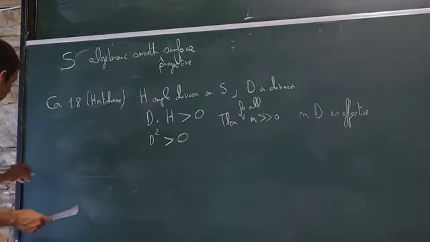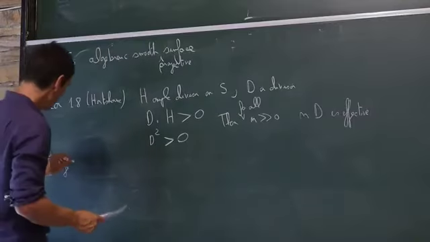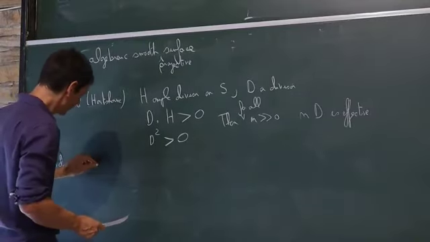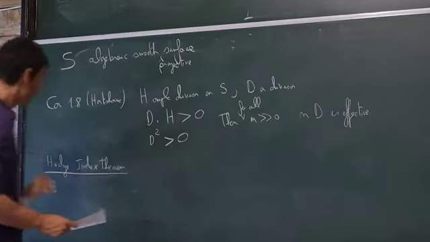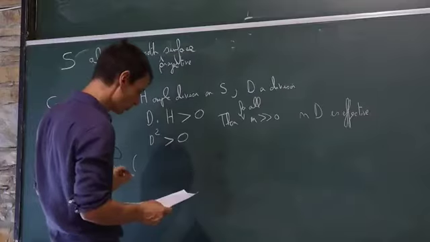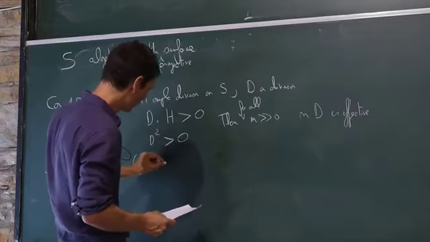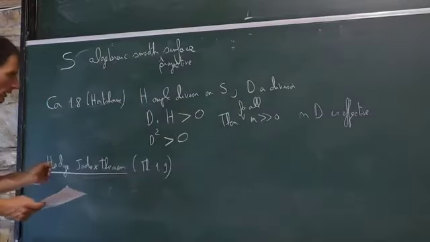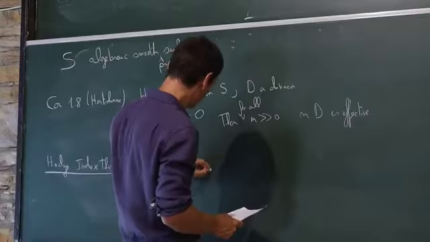And from this, the first important result is the Hodge index theorem, which is also in Hartshorne, but not exactly in the form that I'm going to use. Hartshorne uses something a bit different. It's Theorem 1.9, and I'm going to give a version which is a bit weaker somehow, but enough for us.